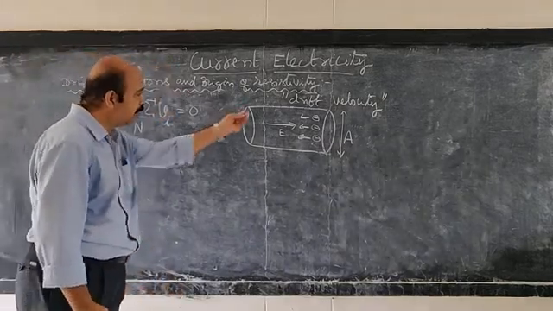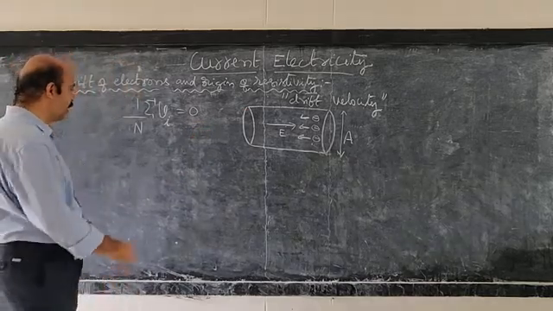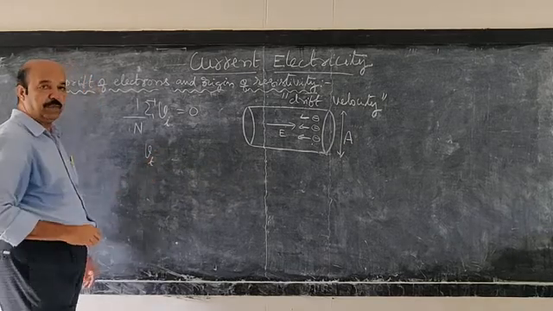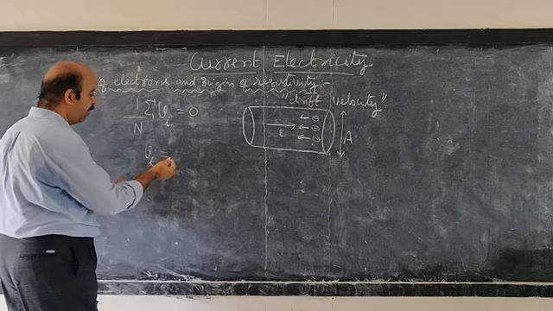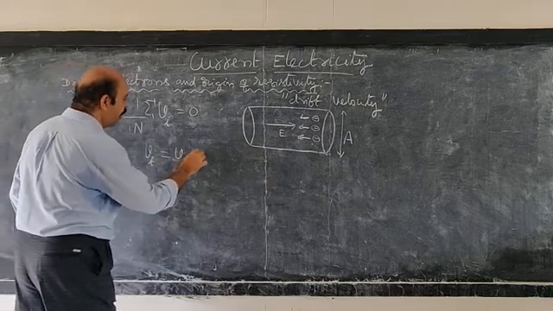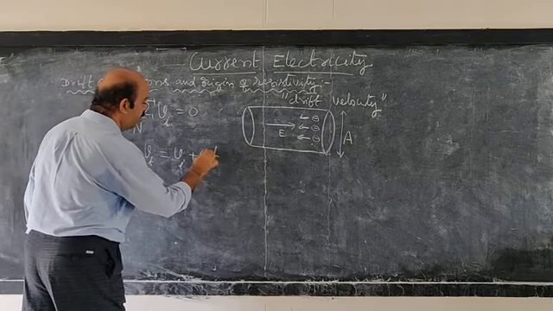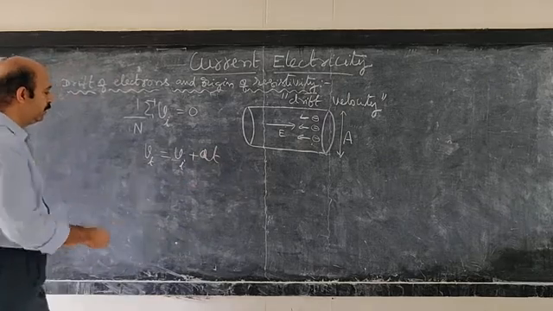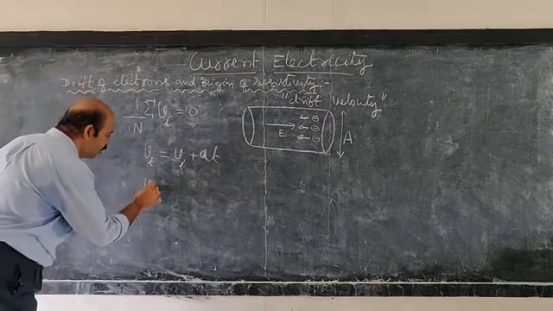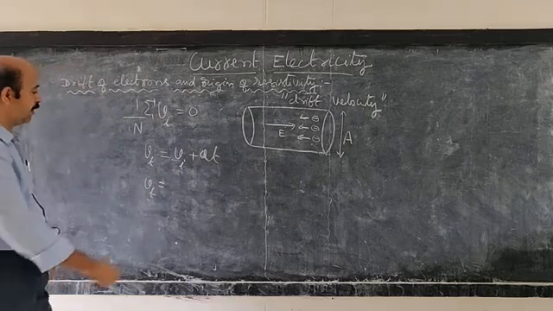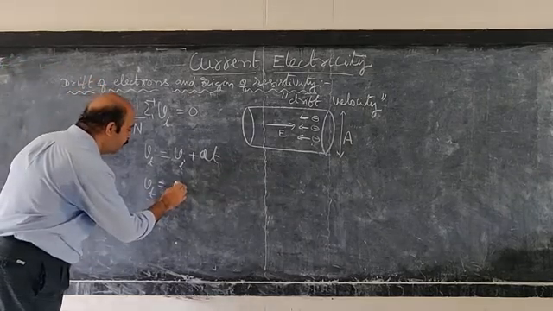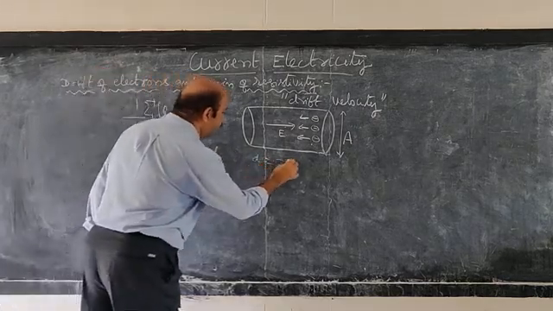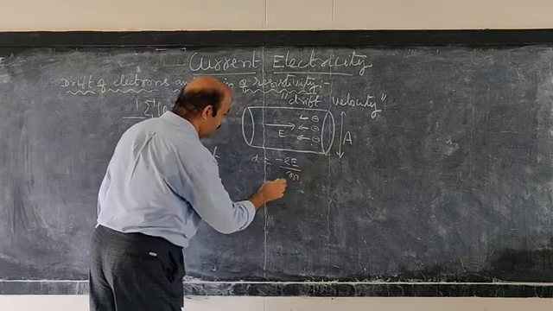Now let us derive a formula for the drift velocity. Using the equation that the velocity of a body at any instant of time is given by initial velocity plus acceleration multiplied by the time, which you already know, the velocity of an electron at any instant of time is given by the initial velocity plus acceleration, which is minus eE by m.